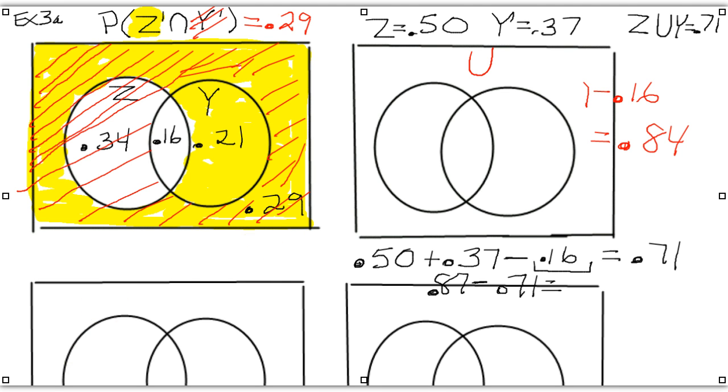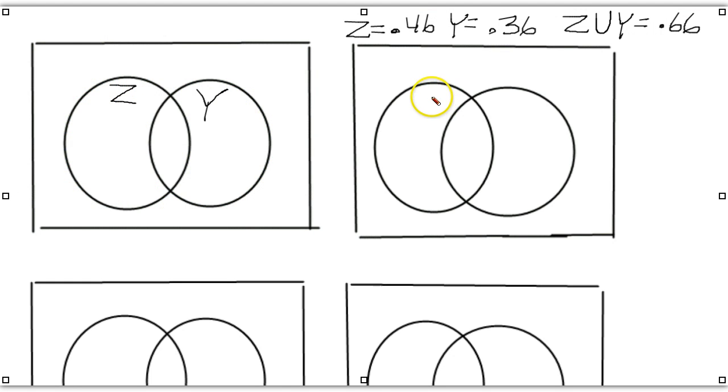And let's do 4 now, or section. So our data here is Z is altogether 0.46, Y altogether is 0.36, but in union it's 0.66.